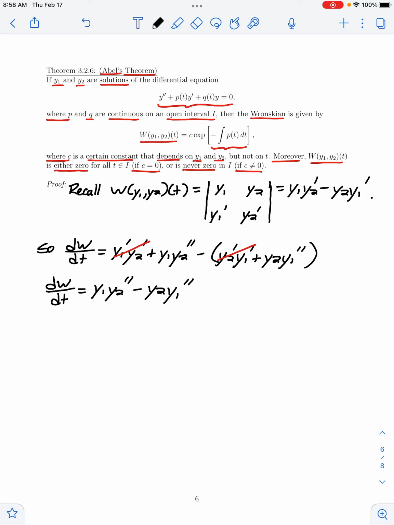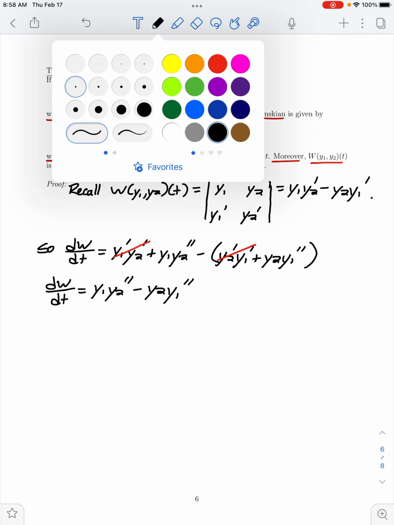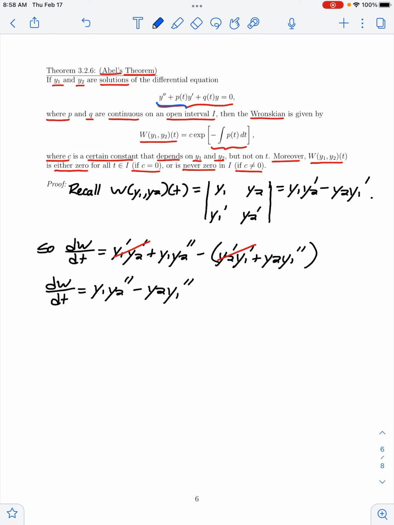Now in the theorem statement we were supposing that y1 and y2 are solutions of this homogeneous second-order linear equation.